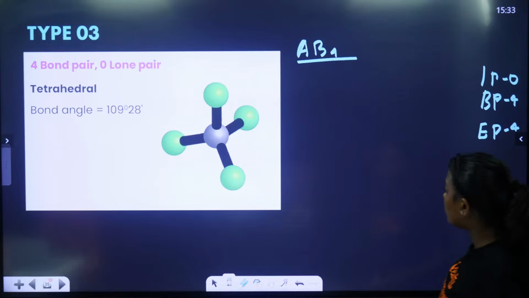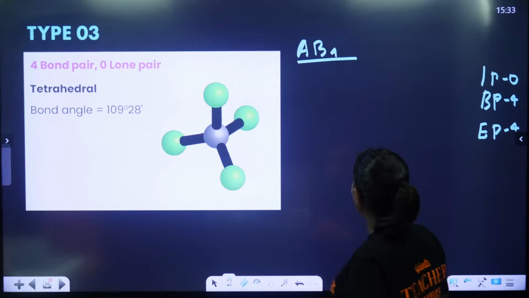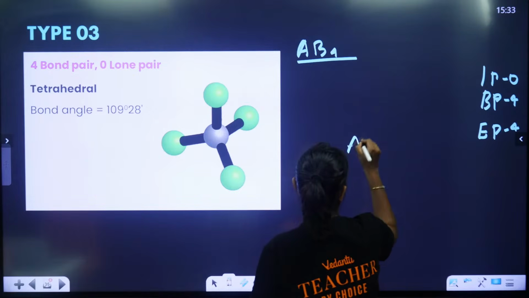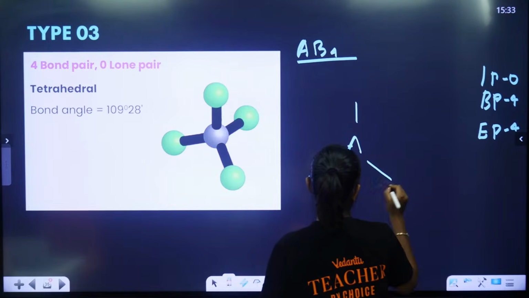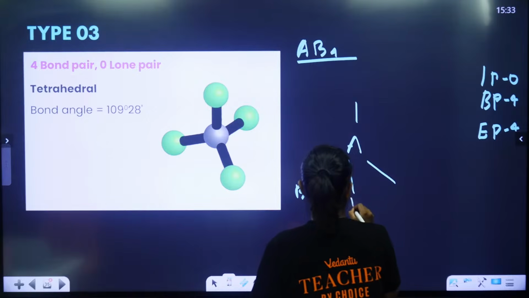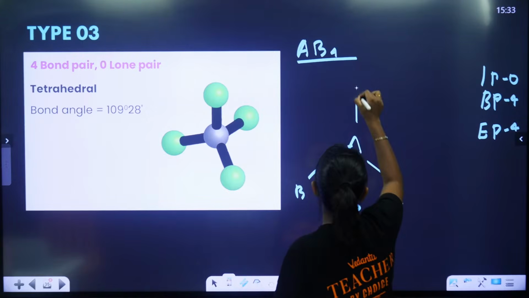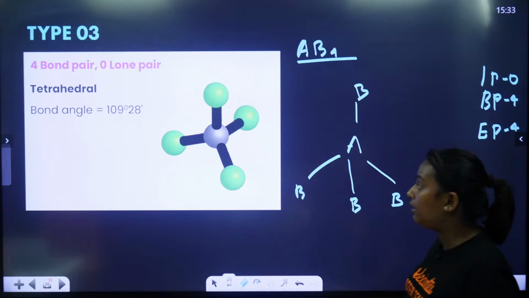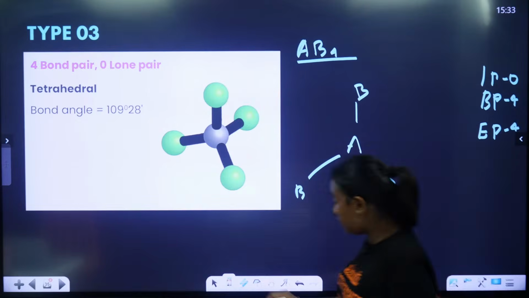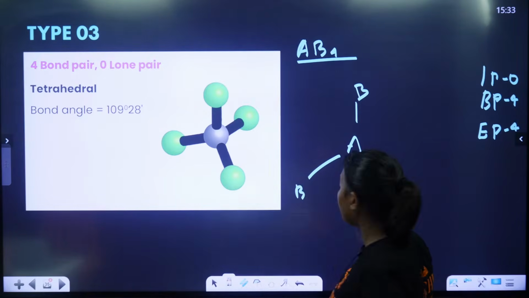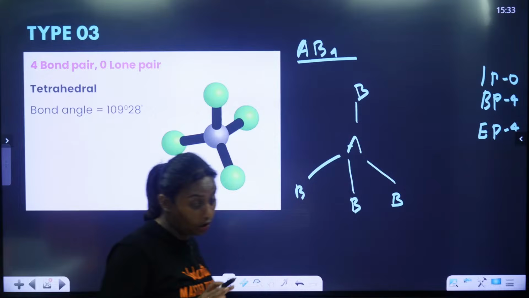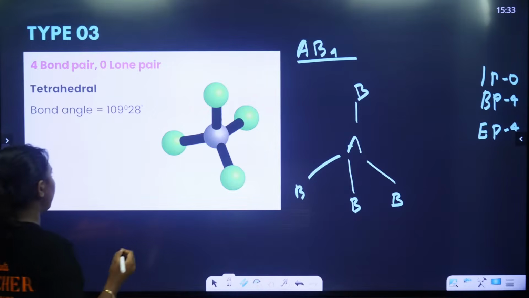So what is the structure? The structure I will draw. B, B, B, B. And here the structure and the geometry and shape is similar. Why? Because there is no lone pair. The shape and geometry is same.